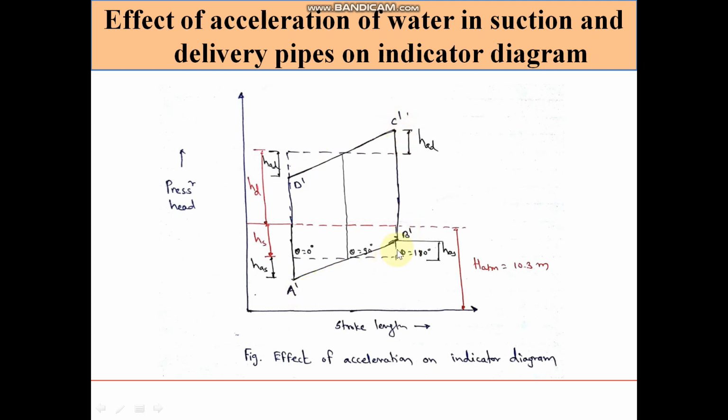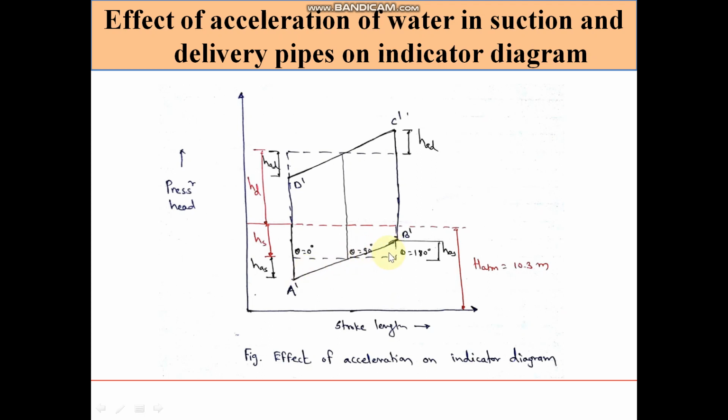So the line A dash, B dash, C dash and D dash is representing the indicator diagram by considering the effect of acceleration of water. In these cases, the work done by the reciprocating pump remains the same as the work done by the ideal indicator diagram, because whatever area is lost here, the same area is occupied over here.